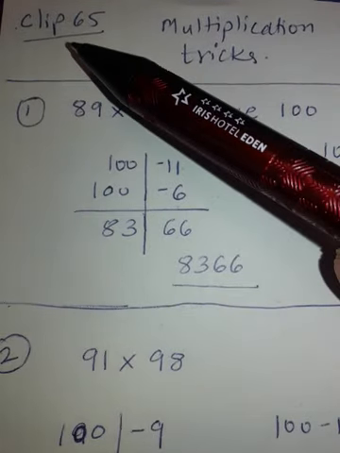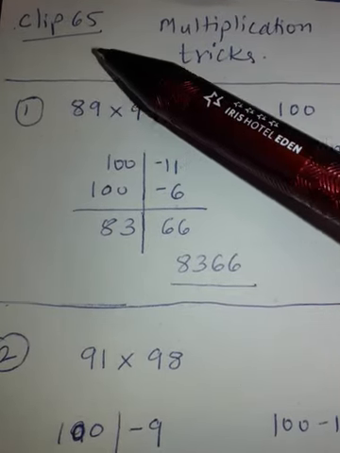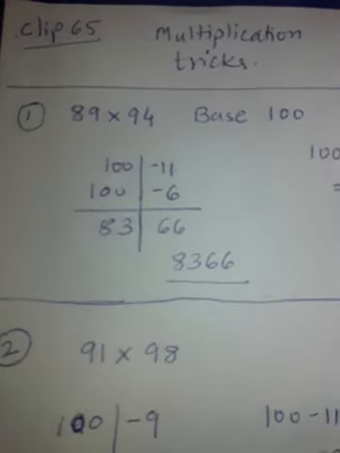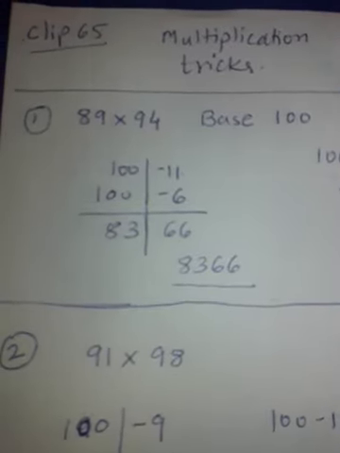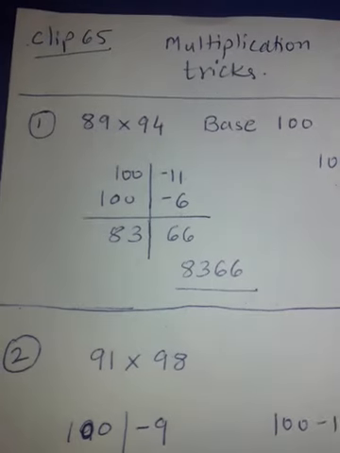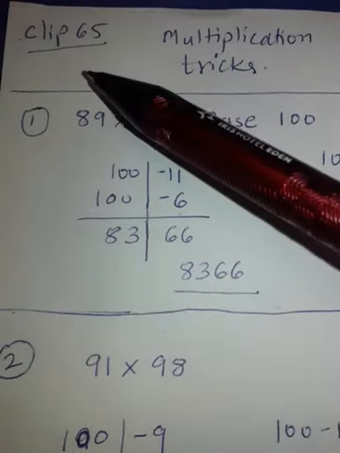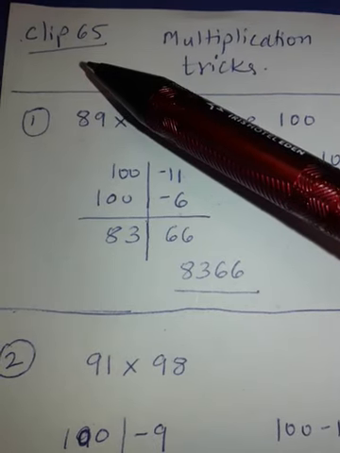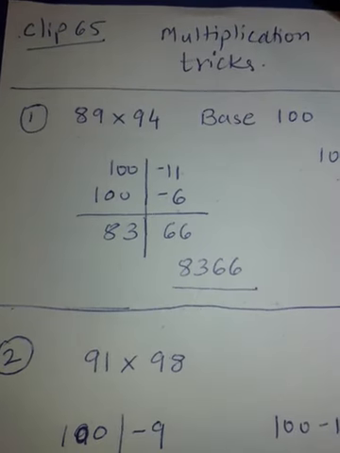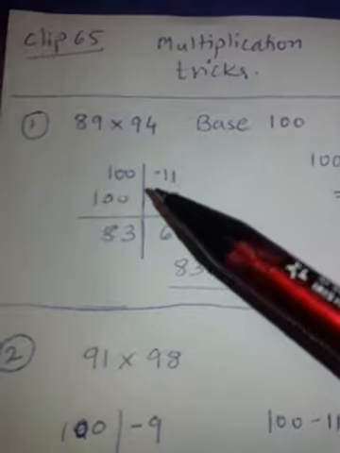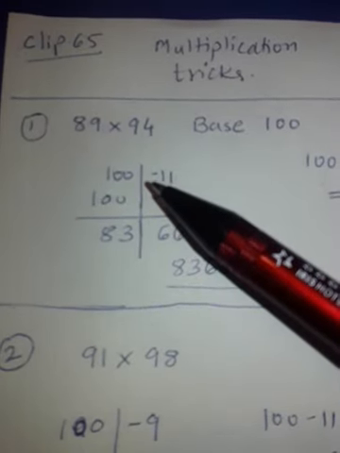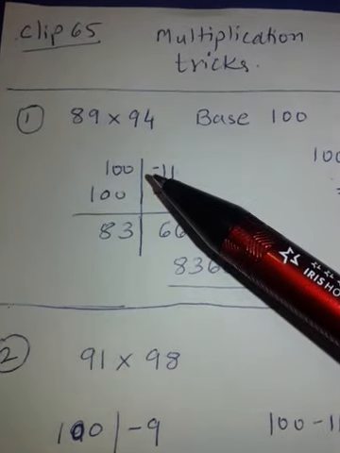But I hope you first watch clip number 63 and 64, in which I have covered some more multiplication tricks. In clip 63 we covered multiplication by 11 and 12, how easy it is. And in clip 64 we studied the product of numbers which are more than a common 100. Today is the turn of the numbers which are less than a common 100.